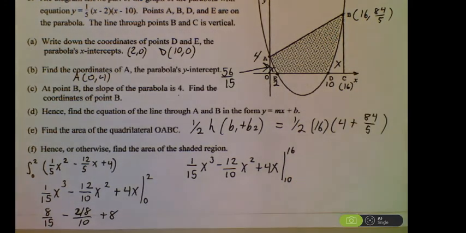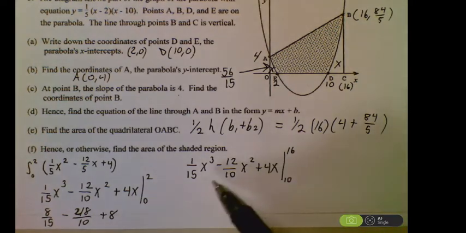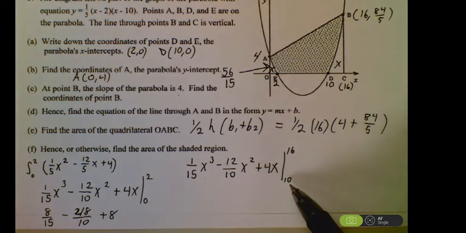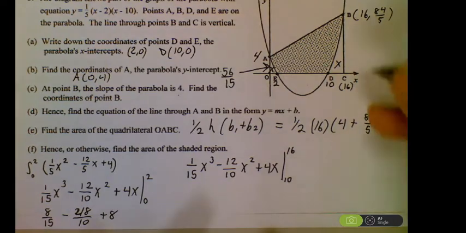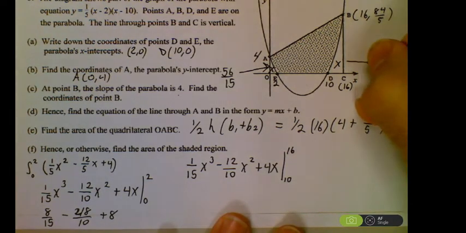And I will have to plug in both of those. But again, I just now need to plug in those and subtract in order to get this area. So that's just plugging in numbers like we've been doing, so I'm going to let you do that part of it. But if you do plug in the 16 and get a number, plug in the 10 and get a number, and then subtract at the end, you'll get the area for that part of the x as 216 over 5. So that's that guy.